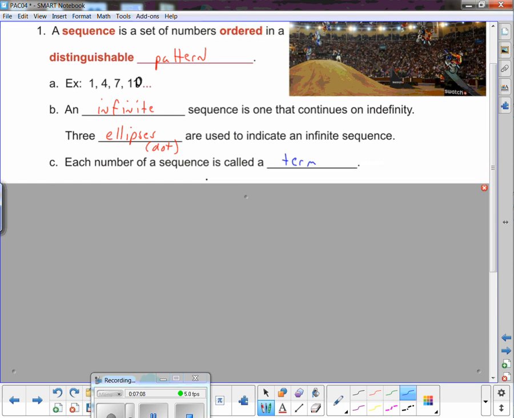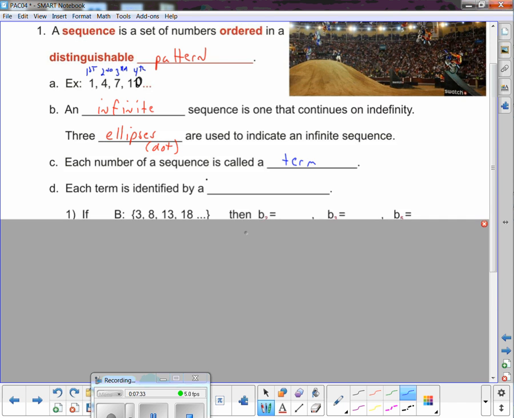If we go back up to A in our example, the 1 is the first term, the 4 is the second term, the 7 is the third term, the 10 is the fourth term. We didn't show the fifth term, but we said it was 13. We didn't show the sixth term, but we said it was 16, and on and on you go. So each number of the sequence is called a term.